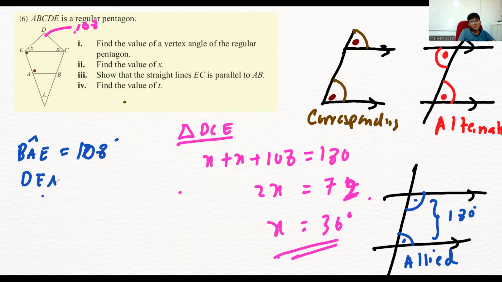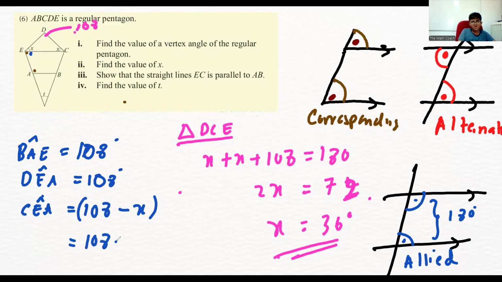DEA is also 108 degrees, but we are not finding that. We are finding angle CEA, which is equal to 108 degrees minus x. Because this angle is what we need here. So what we have here is 108 minus x. X is going to be how much? 36. 108 minus 36, 72 degrees.